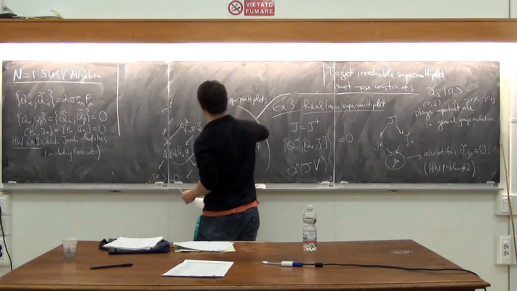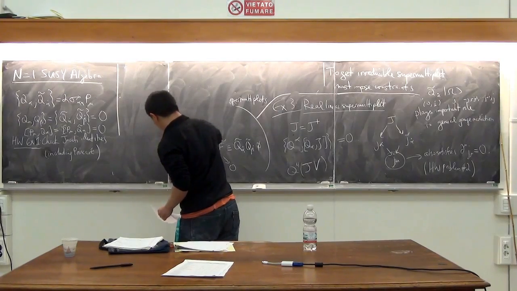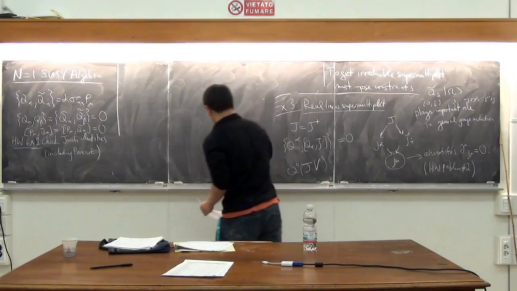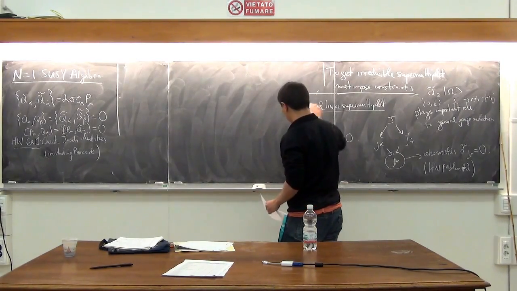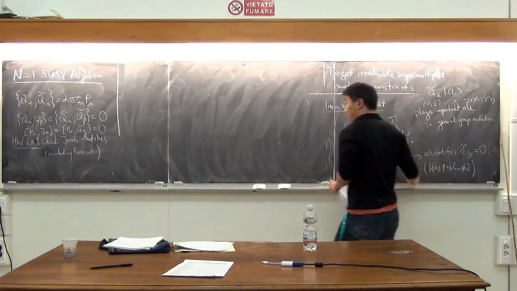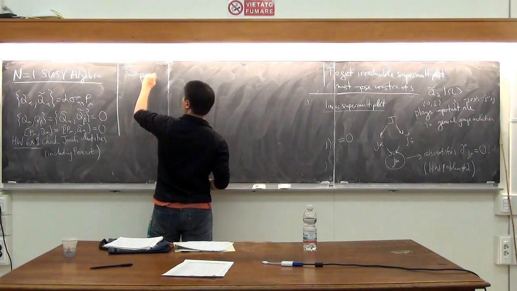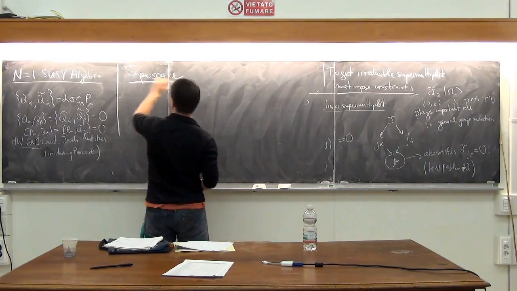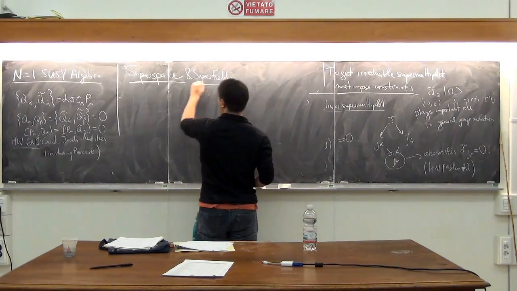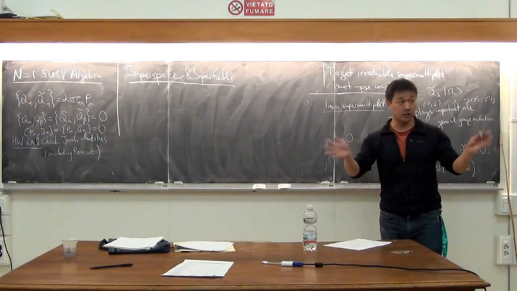Okay. So I've been talking about supermultiplets and supersymmetry transformations. There's another way of describing the same thing, which is to geometrize things, and that is what superspace is. In superspace, you basically turn the supersymmetry transformations into coordinates.